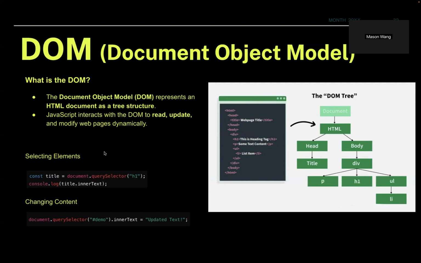JavaScript interacts with this DOM tree to read, update, and modify web pages dynamically. You can select an element with a query selector, like right here, it is selecting an element with the H1 tag. It can also help us change content too. For example, it's changing an element with the ID demo and changing its innerHTML text to updated text.